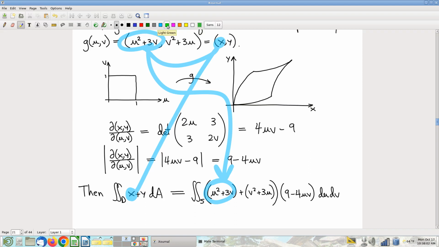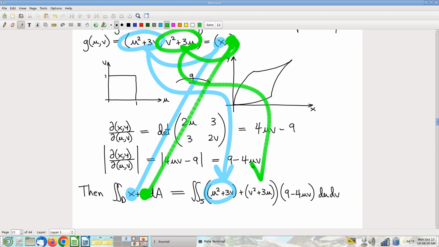A lot of students make this mistake of thinking, oh, well, I'm rewriting x's and y's in terms of u's and v's, so I'll just erase where I have x's and I'll just put a u there instead. It doesn't make any sense at all. X is not u. X is this thing. So likewise, what is y? Well, according to this, y is that.